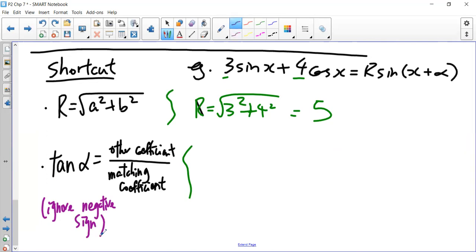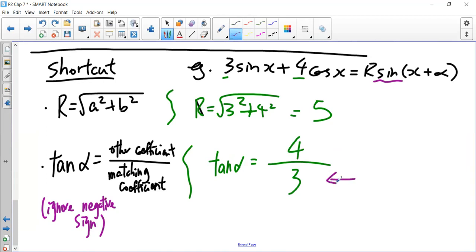So what we're doing here is tan alpha equals, now what do I mean by matching coefficient? The question wants sine. So therefore the sine coefficient will be underneath. So 3 was the coefficient of sine, therefore 3 will go at the bottom and 4 goes on the top.